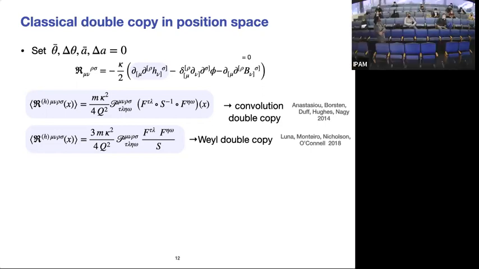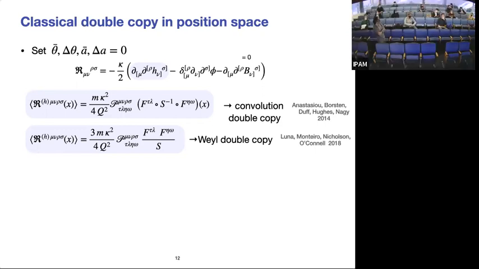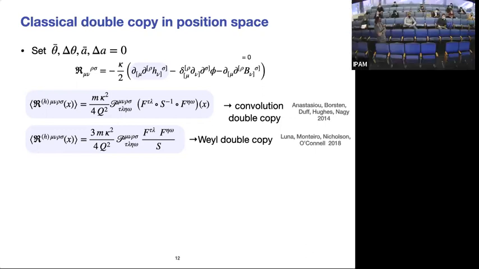Right, but I guess my question is, what's the end goal? Well, the end goal is just to understand that the Schwarzschild solution really is a double copy of Coulomb. This makes it clear. Not necessarily to try to find other double copies. I'm going to say a little bit more about this when I speak.